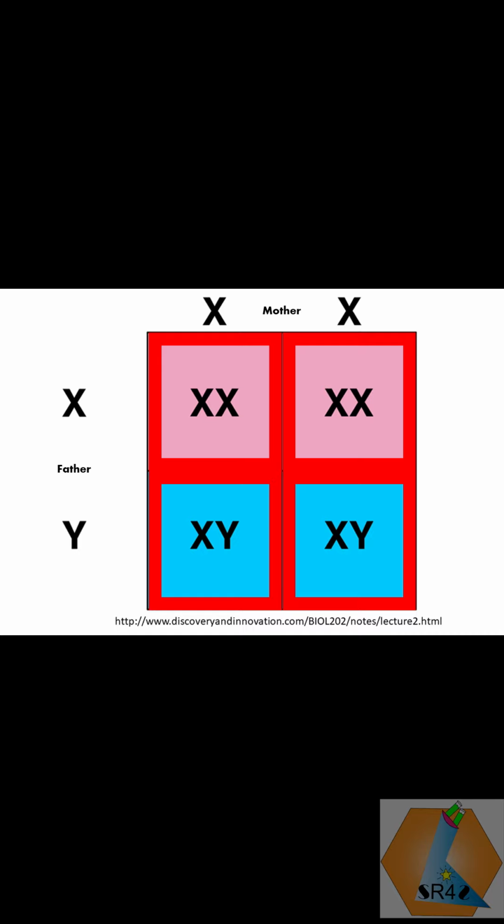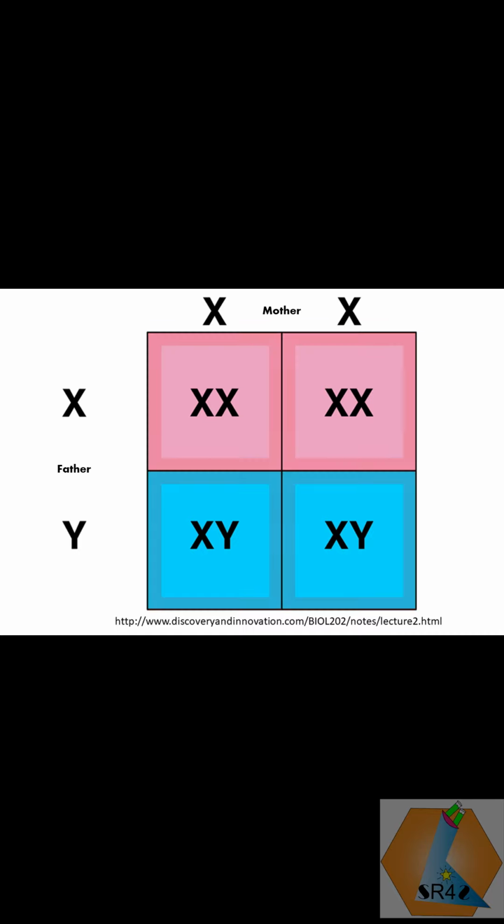It represents a possible combination of the mother's chromosomes and the father's chromosomes, where each one of the parents can only give one of these chromosomes, and it's random which chromosome is going to be given, right?